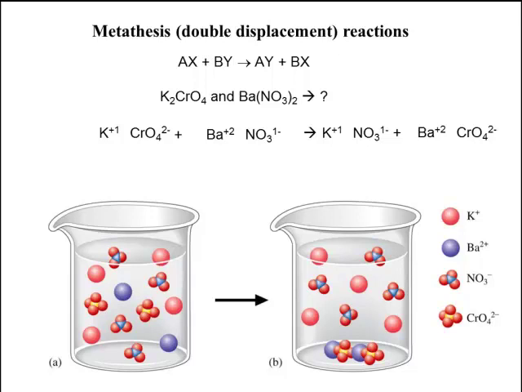And I don't want to look at the number of atoms. I'm not, once again, trying to balance the equation. All I'm trying to get is balanced formulas. So if I have K plus and NO3- combining together, I'd get KNO3. Ba2 plus and CrO4 2- combined together, I'd get BaCrO4. Once again, I'm not worried about the number of atoms on the left and right yet. I want to get my formulas first.